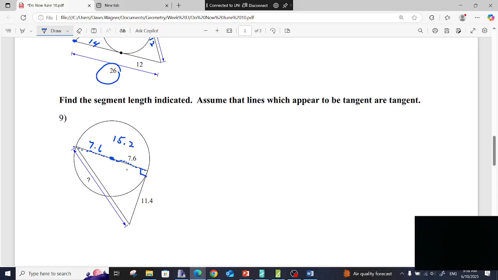Now I can do Pythagorean theorem to find this missing length. So I would do 11.4 squared plus 15.2 squared have to equal c squared.